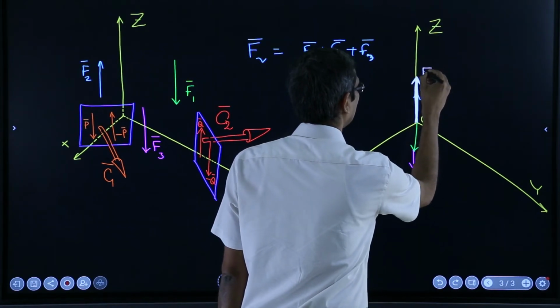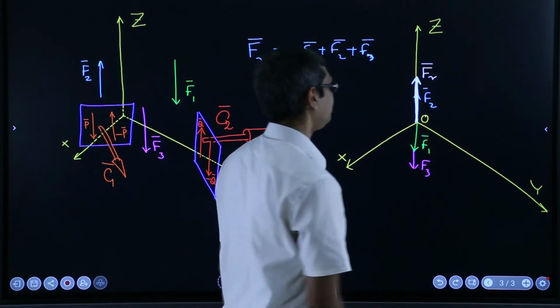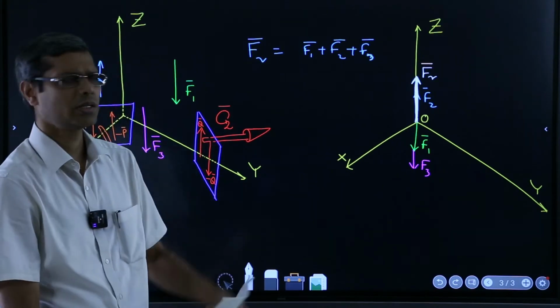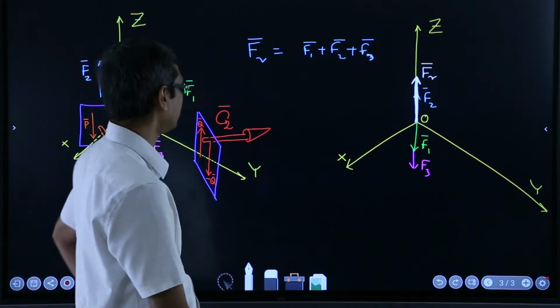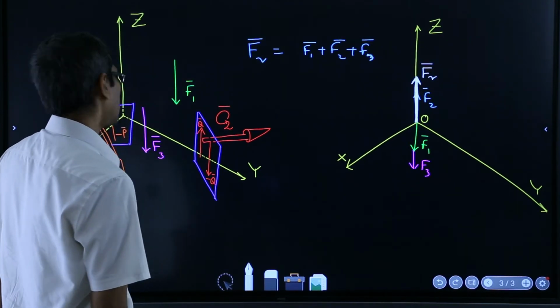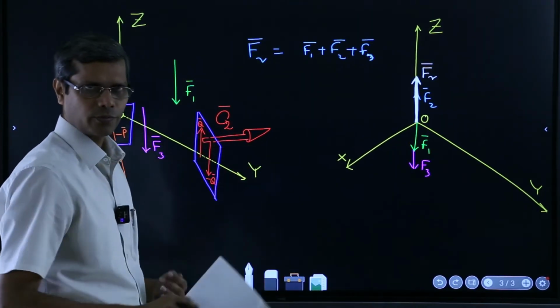Okay, so this I'll call Fr. It could be downward also, depending on the relative sizes of F1, F2 and F3. Anyways, that's the movement of the force parallelly.